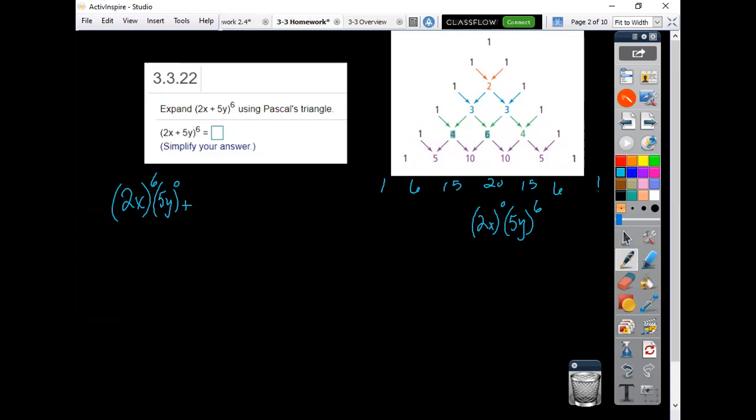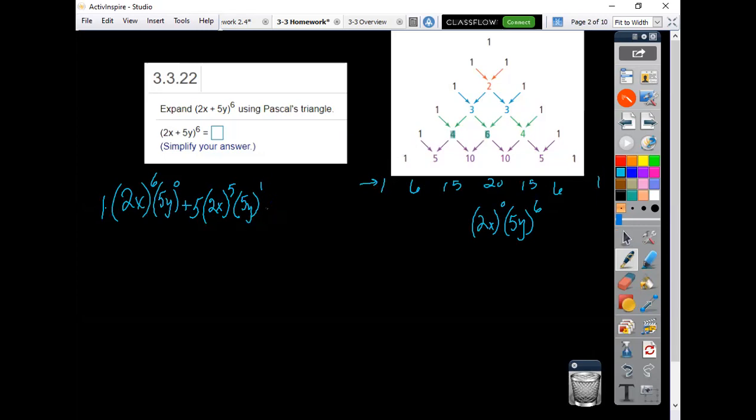So when you have to take all of those into account there, whoops, I'm on the wrong row. I need to be down here to have 1, 2, 3, 4, 5, 6, 7 terms, I believe.